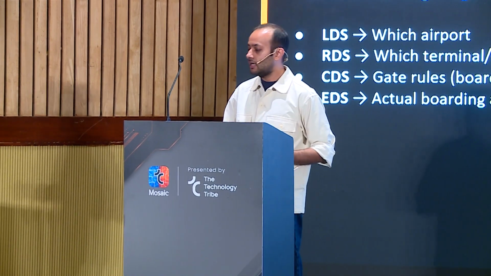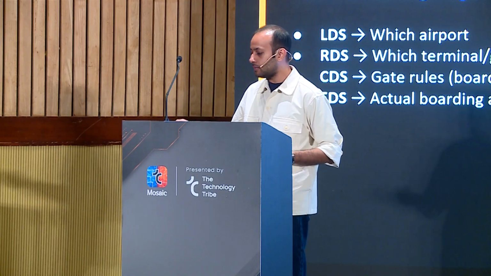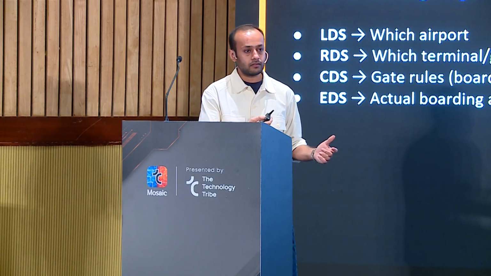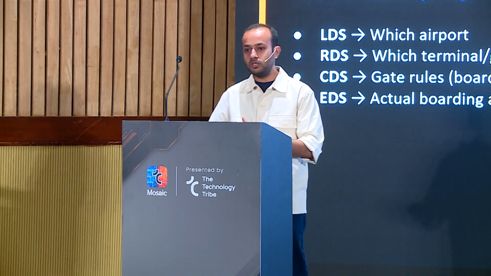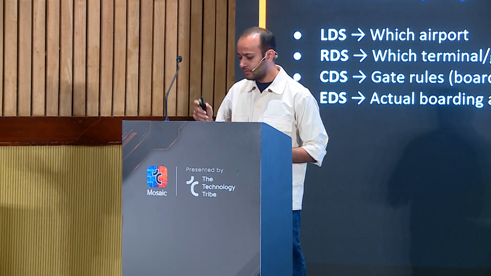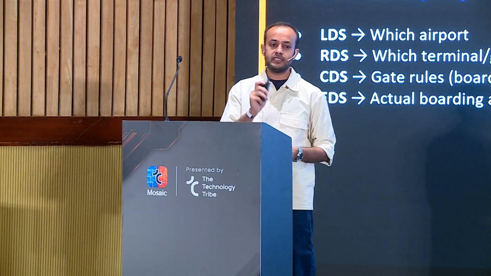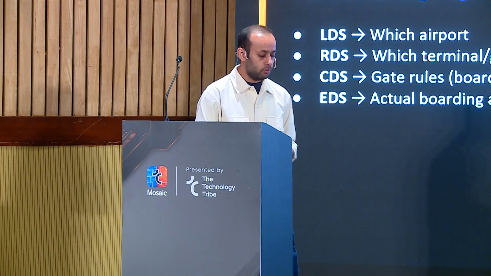Then RDS helps you know which gate or terminal you need to go to. Then CDS is a bunch of rules, like priority boarding, what's the zone, and all of that. And EDS will give you the exact agent you should contact who will help you board.